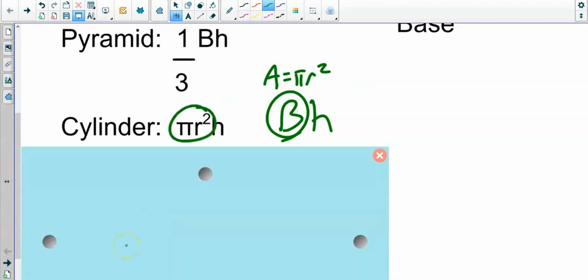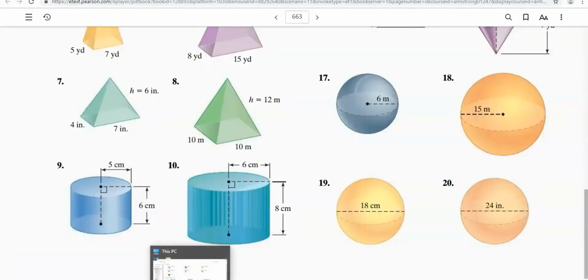Okay? And then last but not least, if you want to find the volume of a cone, the volume of a cone is just like the pyramid formula. If you look at a cylinder, I know it's weird to think about it, but inside this cylinder on number 9 and number 10, there exist 3 cones. So all you have to do is divide it by 3, and you get the volume of 1 cone.